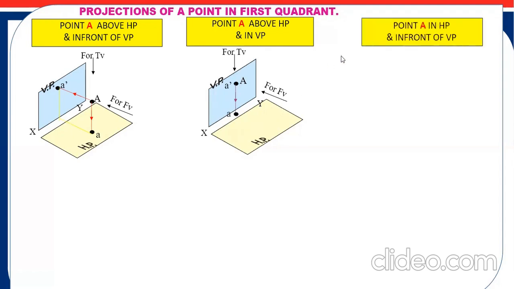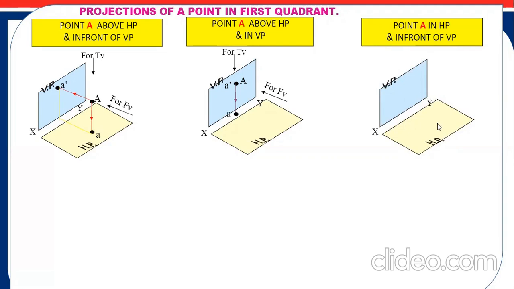A dash and A. Now, point A in HP and in front of VP. The third condition: point A in HP and in front of VP. This is HP, our point is in HP, and in front of VP, having some dimension from the vertical plane.